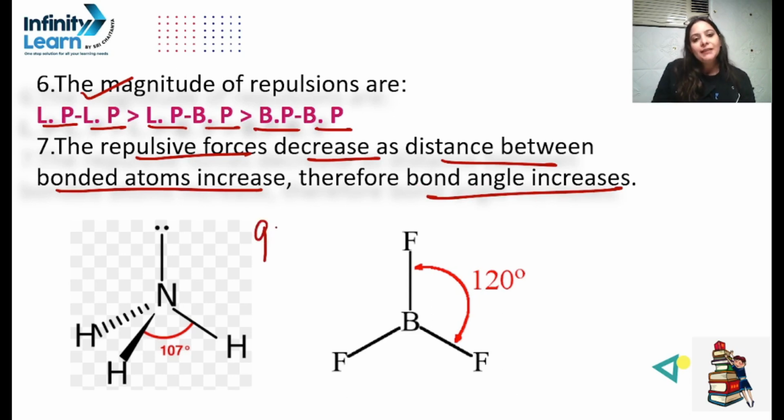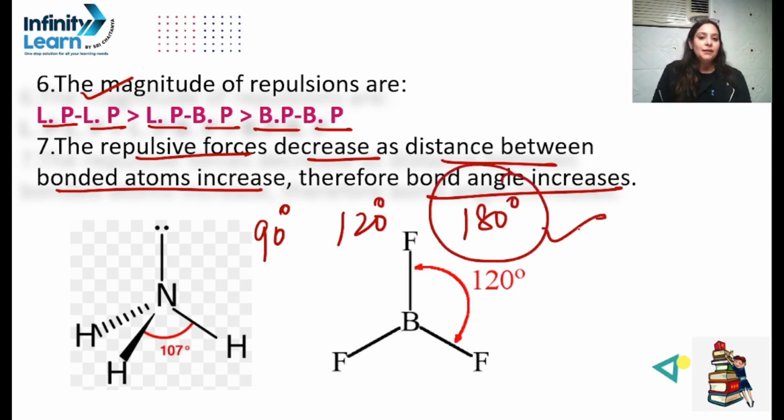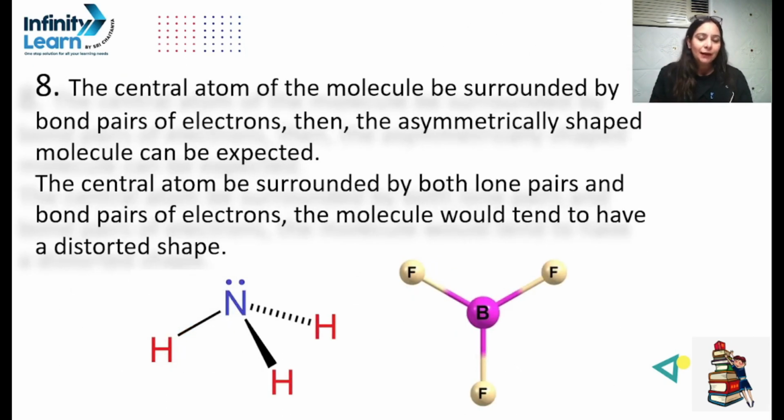For example, a molecule may have a 90-degree bond angle, another 120 degrees, and another 180 degrees. Obviously repulsions will be least at 180 because the atoms are as far apart as they can be. So as the bond angle increases, the repulsive forces between them decrease because the distance is increasing.